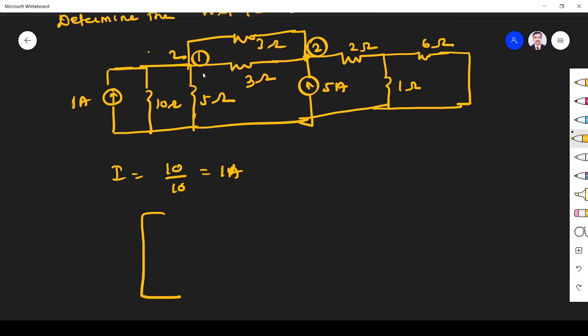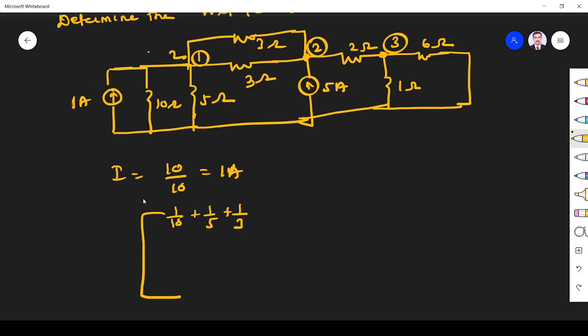Okay, now we have two nodes, right? And we have one more node here because this is a separate node. So three. We have three nodes. So we have to write a 3 by 3 matrix. So first one is 1 by R11. What are all the resistors coming here? This 10 ohm, 5 ohm and 3 ohm. So 1 by 10 plus 1 by 5 plus 1 by 3.